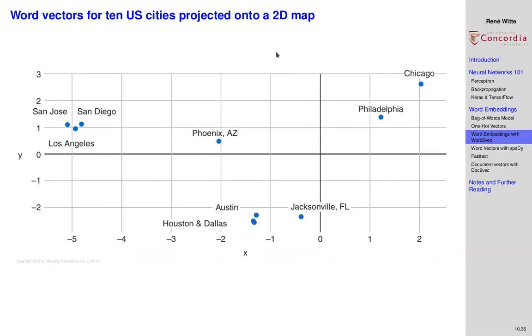Here we are doing this with all the word vectors for cities in the US. You can see that, for example, the word vectors that we computed for Houston and Dallas are very close to each other because the cities are so similar. Remember, these are calculated from news. So the way these words appear in the news is very similar. Likewise, cities like LA, San Jose, San Diego are very close in this vector space and very far from other cities like Chicago.